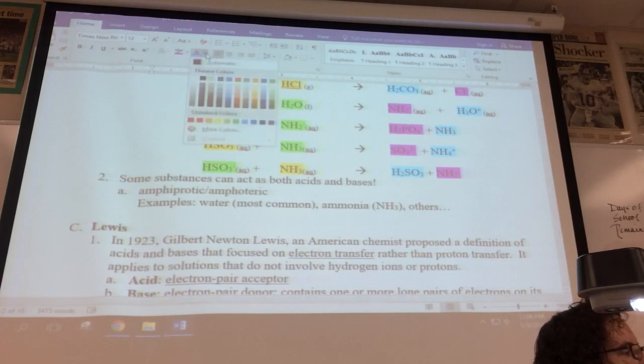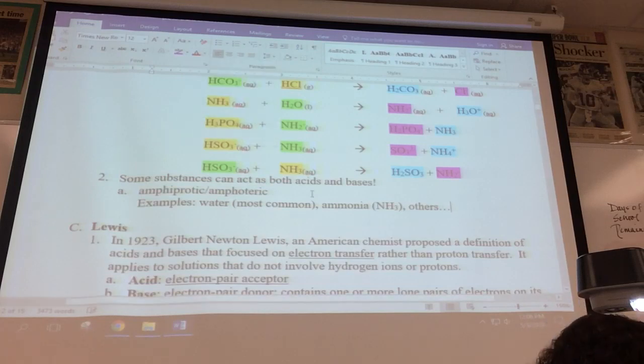Other examples include things like hydrogen sulfite ion, hydrogen sulfate ion. You can have dihydrogen phosphate ion, all different types. So very often if you have an H and a charge, it can do either. And there are many more.